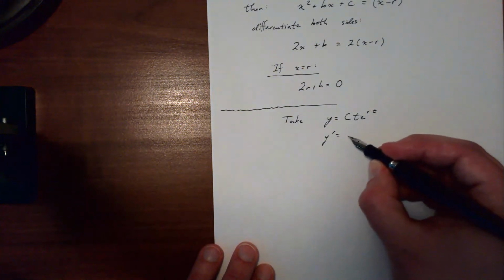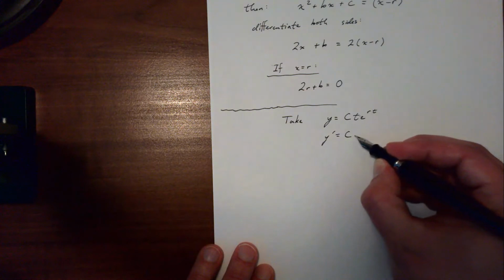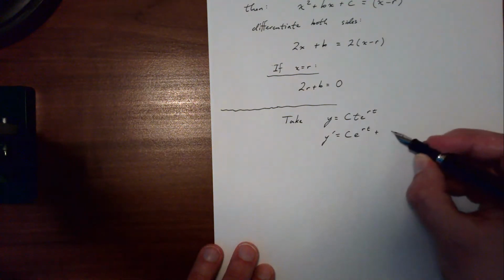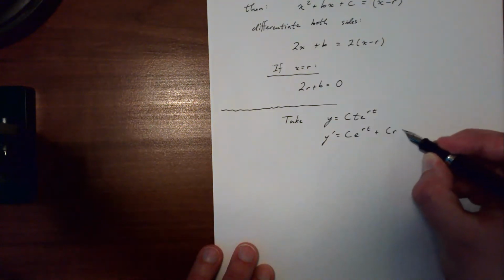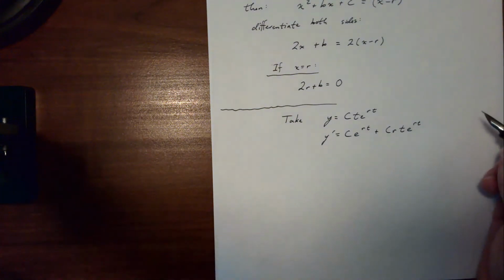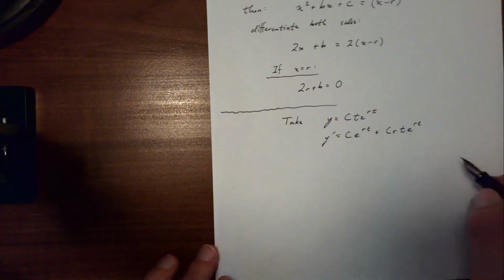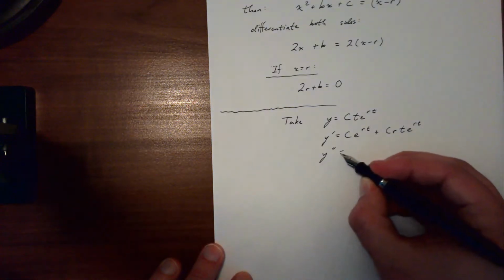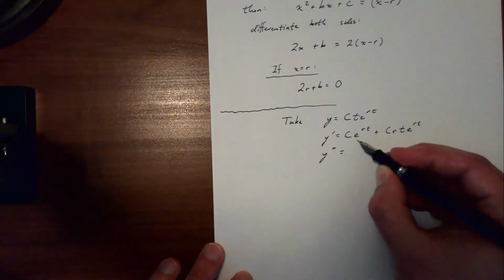So y prime will be c e to the rt plus ct times the derivative of e to the rt, which will be crt e to the rt. So be it.